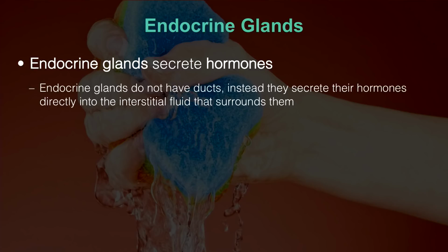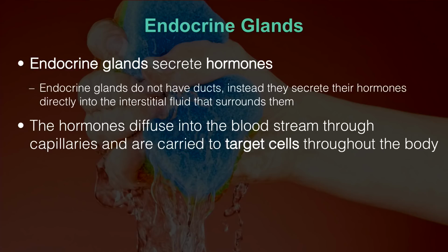Now usually, these glands are highly vascularized. That is, they are in close proximity to arterial supply and capillaries. They're in very close proximity to the blood. So for all intents and purposes, if hormones are released into the interstitial fluid, they readily diffuse into the blood.